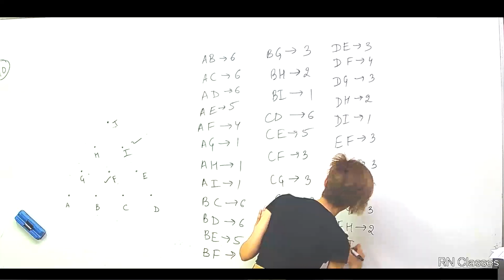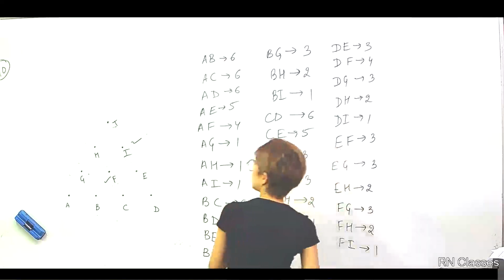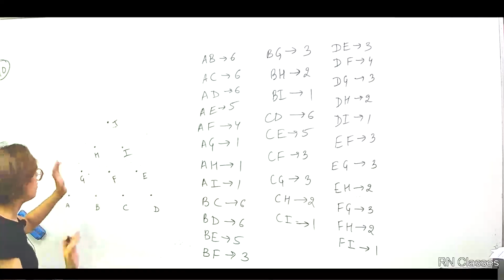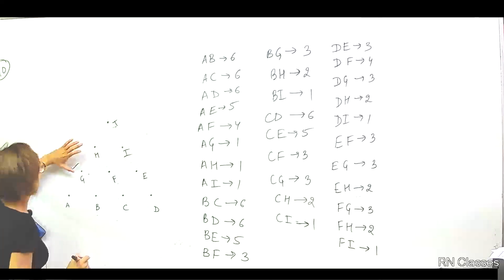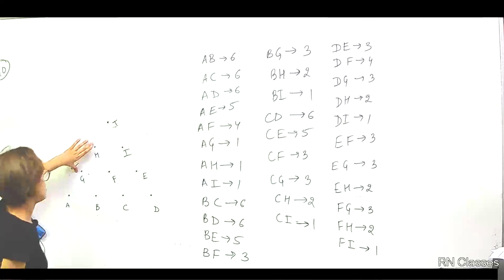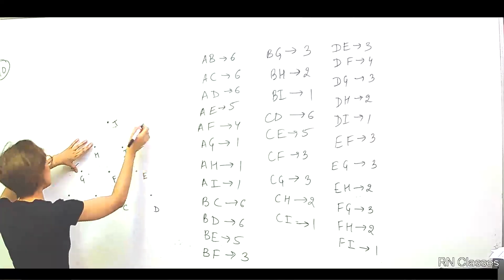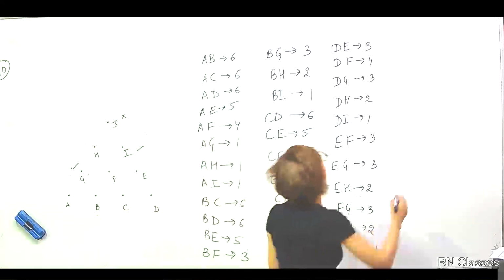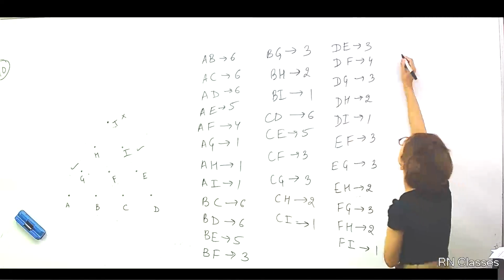FI, that is 1. Right? FJ I will not get anything, so done. So F1 completed. Now G. So GH. If I take GH, obviously I can take I, but I cannot take J. Collinear. So GH just 1.